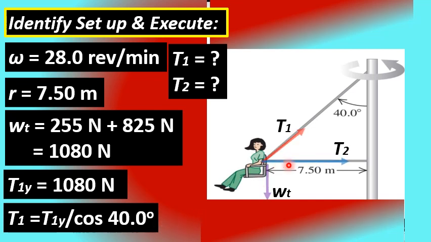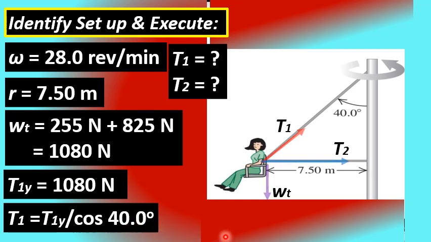You will notice that the y component, T sub 1y, with respect to the angle of 40.0 degrees, happens to be the adjacent side of this triangle. That's why we use cosine of the angle 40.0 degrees.